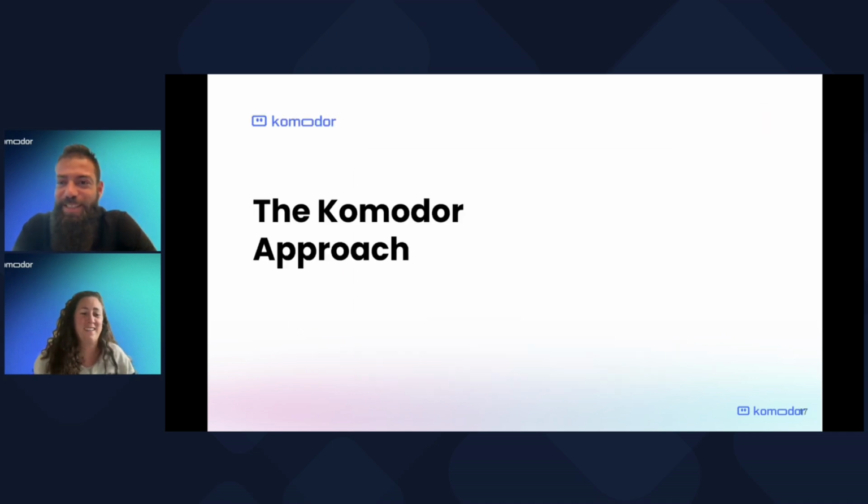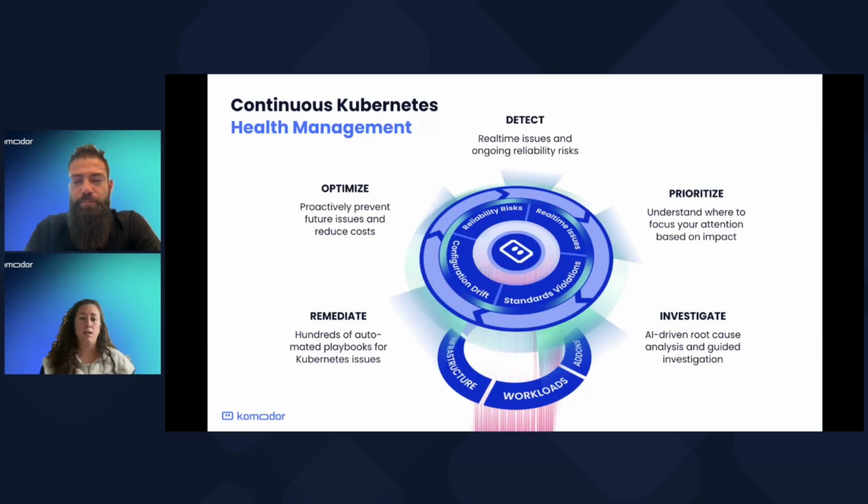What is the Komodor approach? What exactly do we do different than others? When we say Kubernetes health management, I think that Komodor really brings a unique offering to the table. What we do is start by first differentiating between infrastructure issues, workload issues, and add-ons.